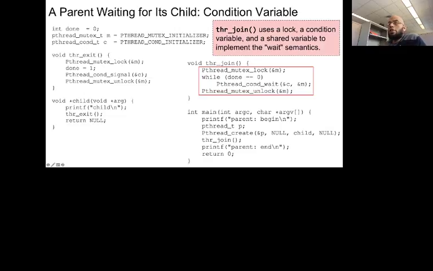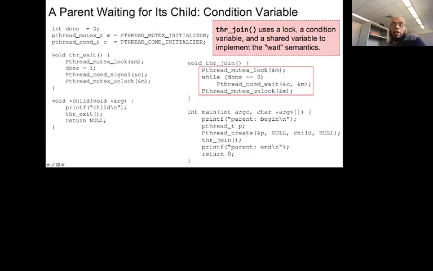And then since this parent thread called join, it's waiting on this conditional variable and on the lock to become available to it, okay. Now the child gets to run, gets scheduled. It does the print statement and then calls thread exit.